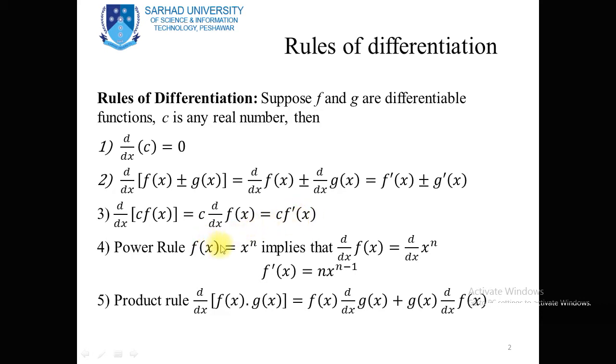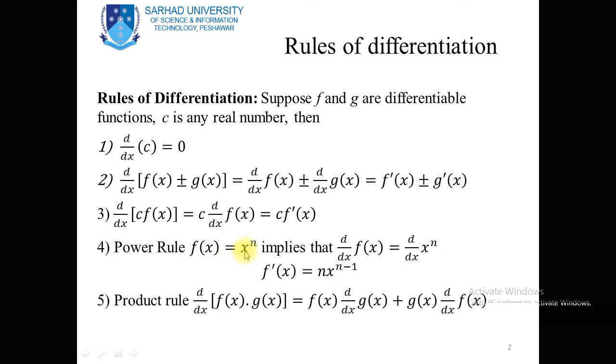Now the power rule, the derivative of any function of any power n. Suppose you see over here f of x is equal to x power n. So x is the independent variable and n is any power, which means n is any real number.